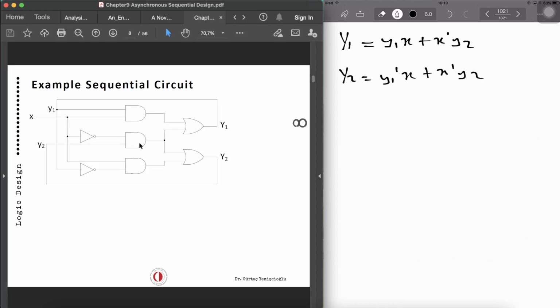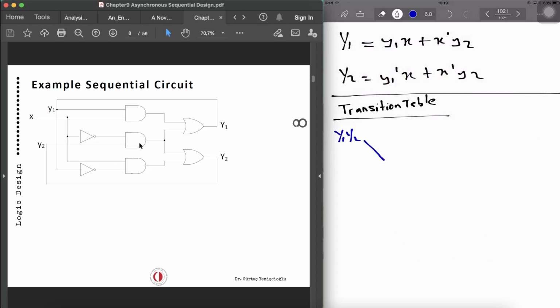Now in this type of design, we do the analysis. In analysis, we generate transition tables. So the first step is the transition table. This transition table looks like a K-map, but it is not actually, because in transition tables we have the next states Y1, Y2, with x on top and present states y1, y2 on the side.